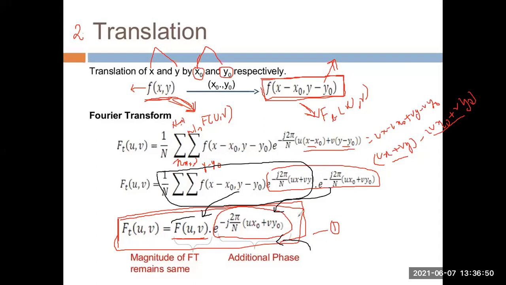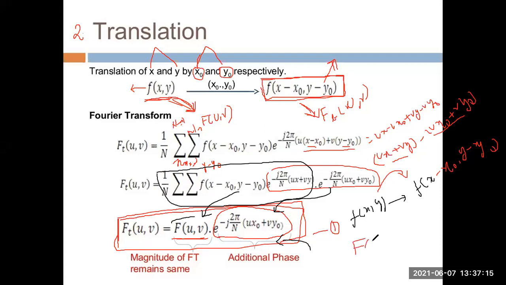So what does the translation property say? If I convert f of x, y, or translate f of x, y, to the new coordinates x minus x naught, y minus y naught, so this is a translation in the time domain, then what changes will happen in the frequency domain?